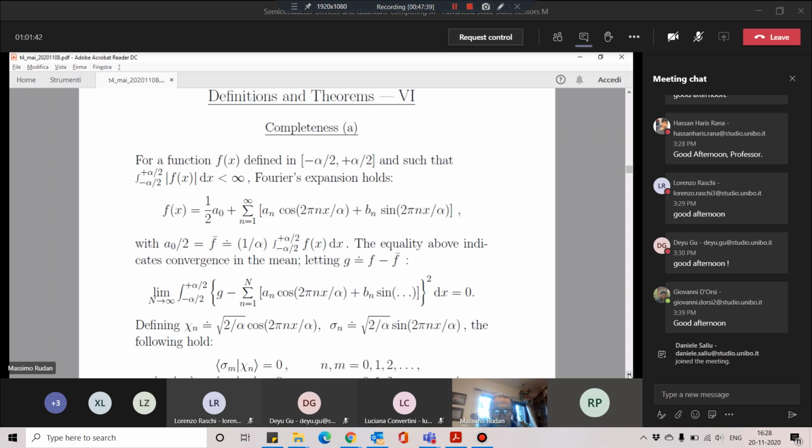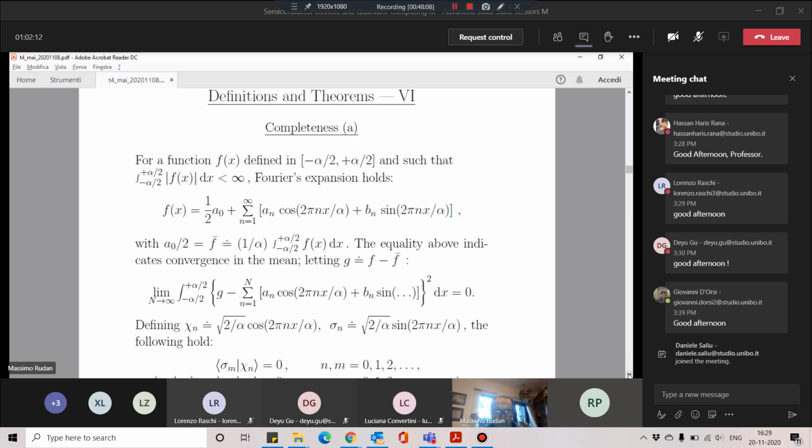The notation is inconvenient, so let's try to make it shorter. Instead of considering the symbol cosine of 2 pi n x over alpha times square root of 2 divided by alpha, we call all of this chi n.